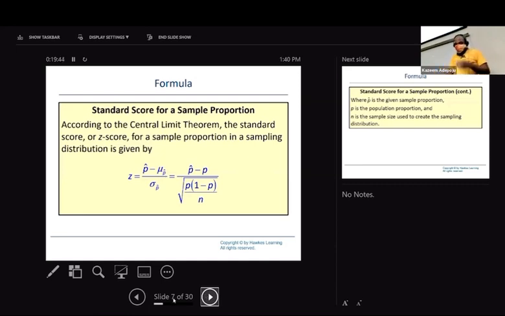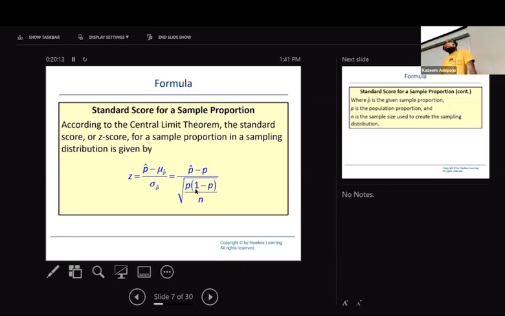Okay, now when you take a look at this, this is the formula. This z-score is just the difference between the sample proportion and the population proportion divided by the standard error. But I wanted you to pay attention to the term inside the square root. That is not a sample proportion, it's a population proportion.